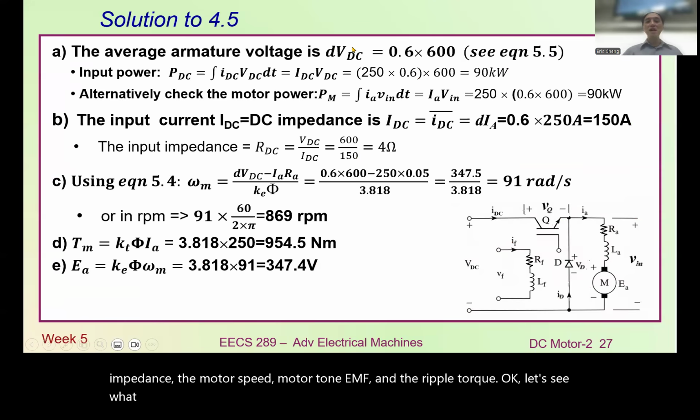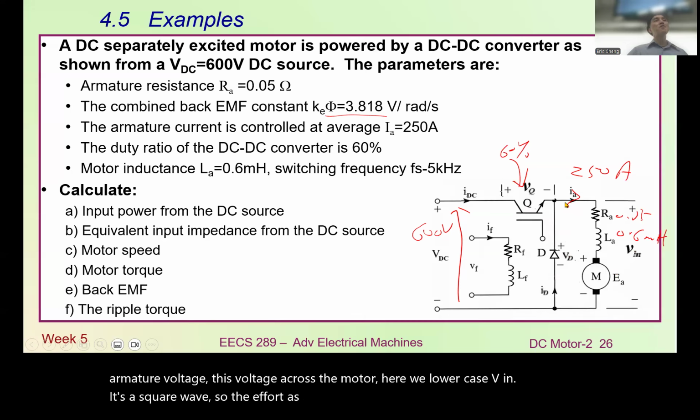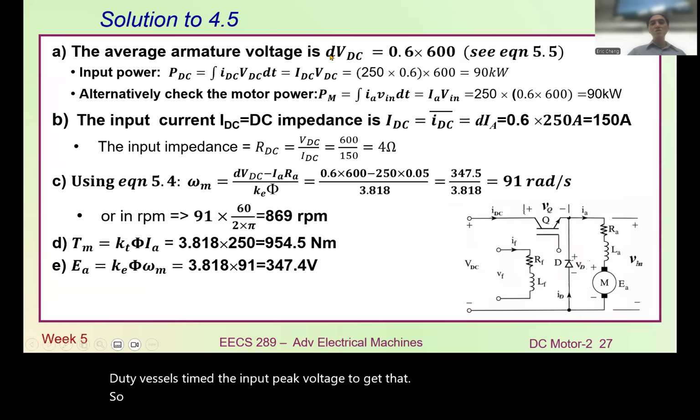Now you go to power, I'd like to look into that. The average armature voltage, the voltage across the motor, v in, is a square wave. As I said, we can use the average voltage, the duty ratio times the input peak voltage, to get that. So that's duty ratio times the input DC source voltage, 0.6 times 600.